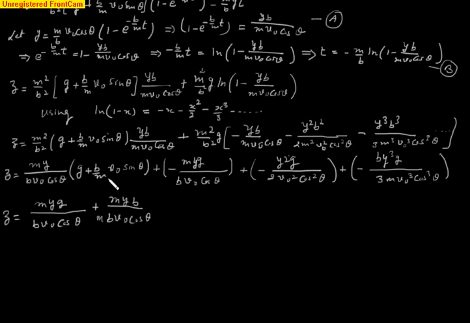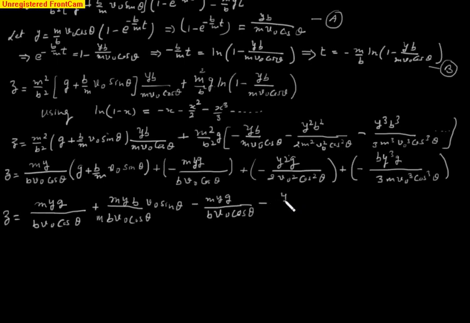This m which is here, I should write this m also, into v naught sine of theta, minus term with this m y g divided by b v naught cos theta.